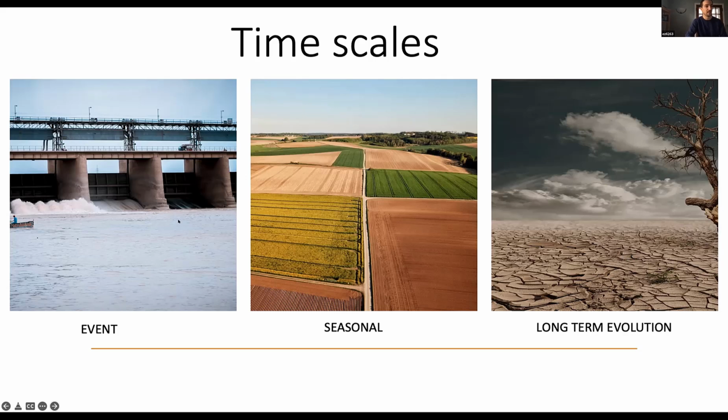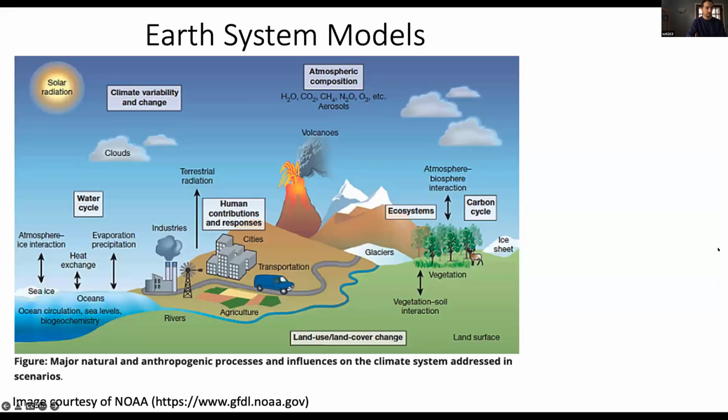So for all these applications, though, we do need to have a computer model which describes all that happens on the surface of the Earth over land. And what has been developed in the last few decades is the so-called Earth system models, which couple the atmosphere, land, and ocean. And in particular, over land, we have a lot of complexity to describe because we have so many natural and anthropogenic phenomena.